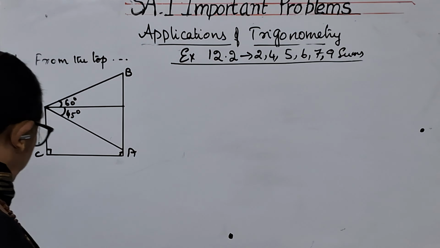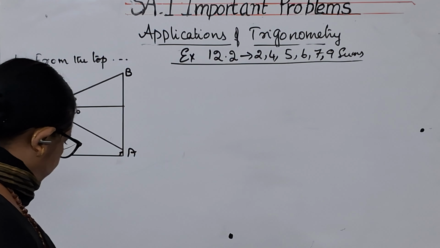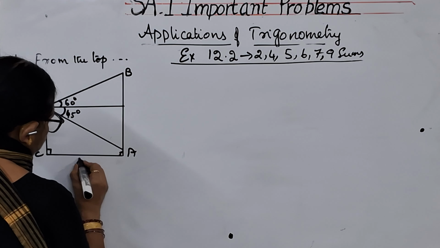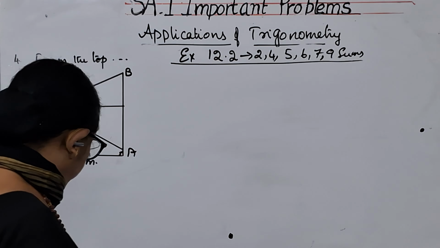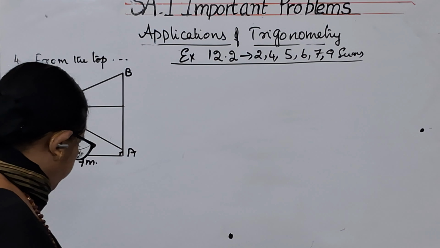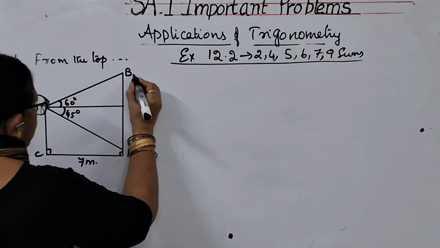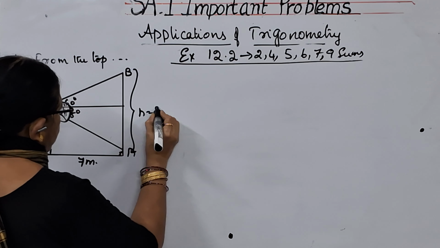Angle of depression is 45 degrees. If the distance of the building from the tower is 7 meters, these two distances are 7 meters. Find the height of the tower. This total height is how much? They are asking.